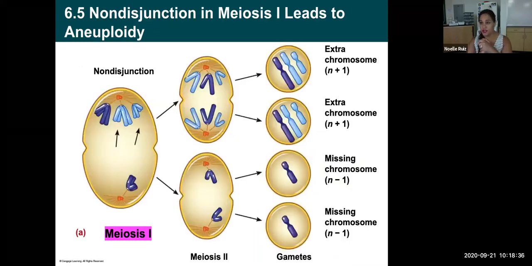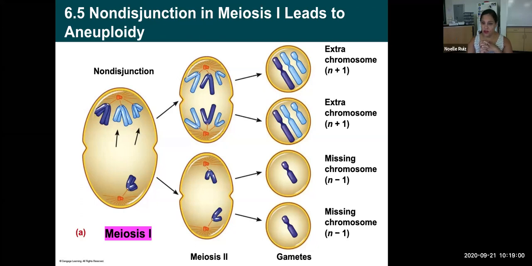Non-disjunction, like I said, is the process that leads to either extra or missing chromosomes. It can happen in round 1, where you can see the cell splitting, but it doesn't split correctly. It doesn't split the information in half. You're supposed to end up with 2 and 2 on each side.